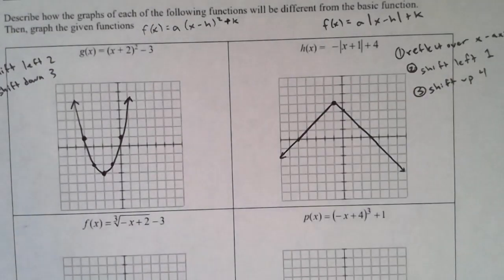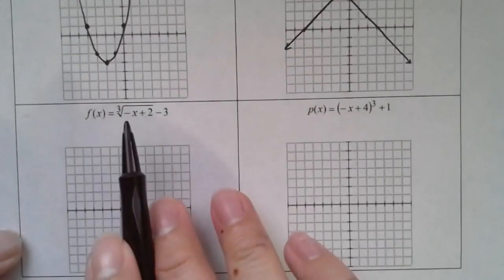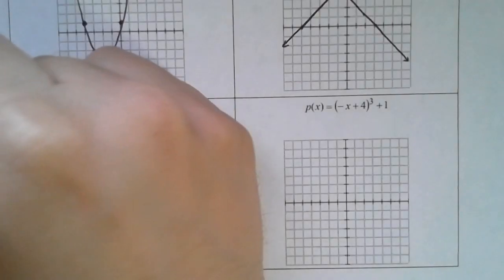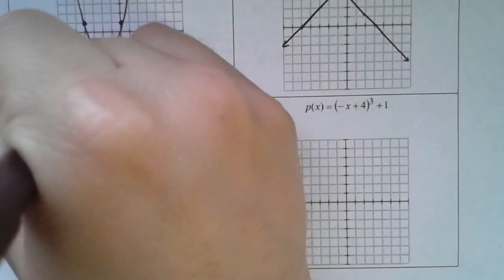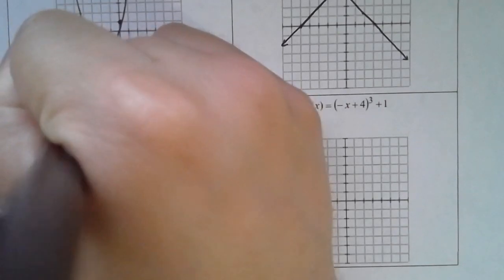Next one, I have the cubic root function. There's no minus there, but I do have this minus here, right? So recall, I do reflect over the y-axis this time.